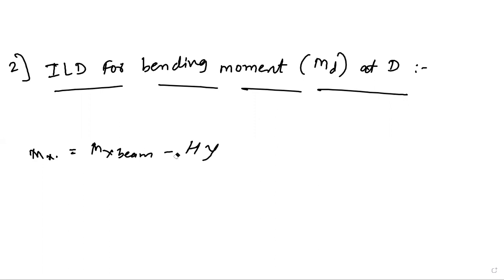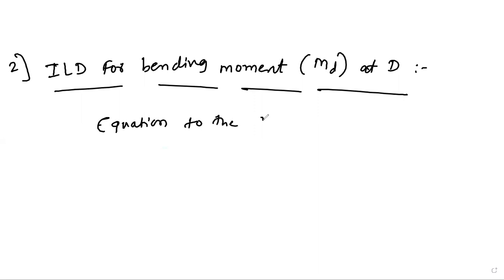So now we have to find out the y, that is for a parabolic arch, that is for a two hinge arch, right? So write down the equation of y, the equation to the arch with A as origin.